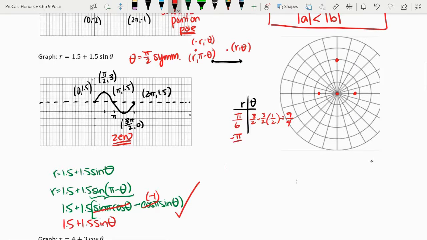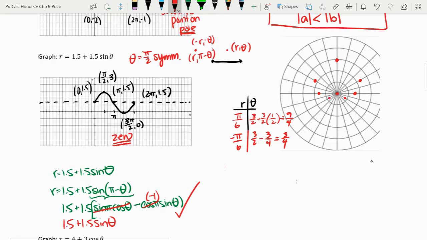And maybe a negative pi over 6 just for good measure. It would be almost the same, just negative 1/2 up there. So this would be 6/4 minus 3/4, which is 3/4. All right, so 2 more points I can throw over there. That would be pi over 6 and then 2.25. And remember, theta equals pi over 2 symmetry, so I automatically get that point, and negative pi over 6, 3/4.